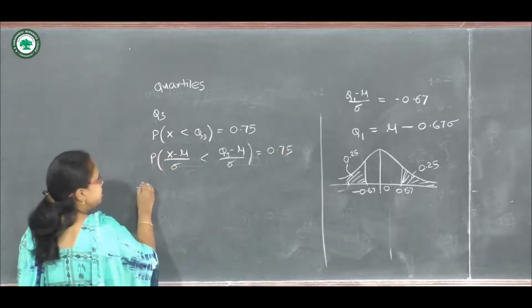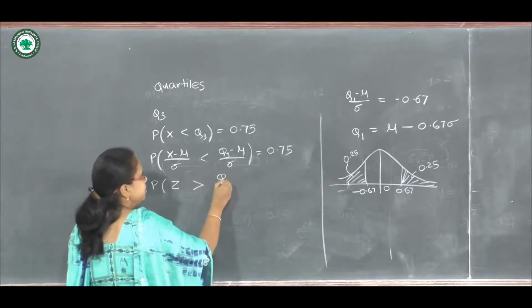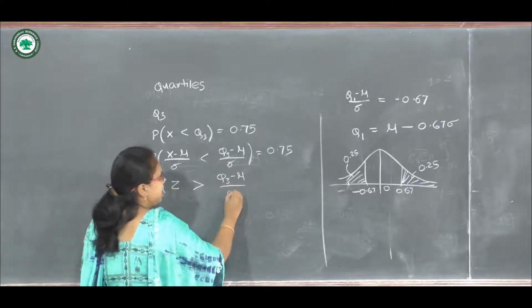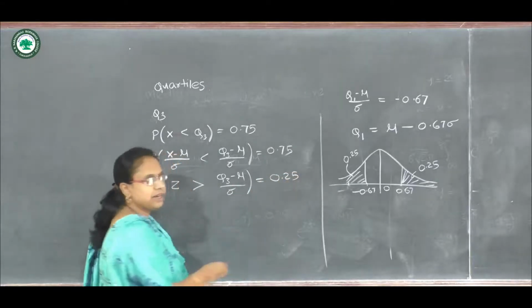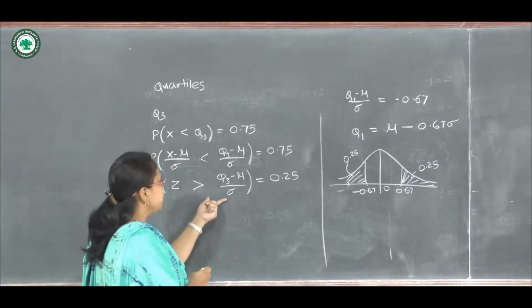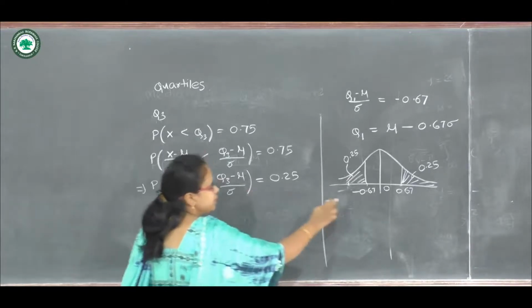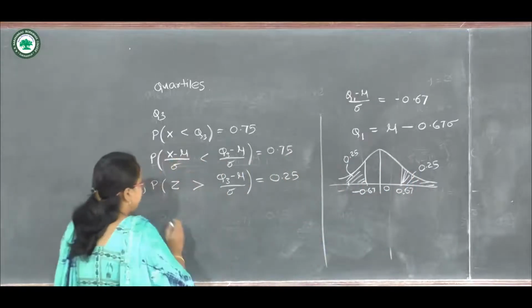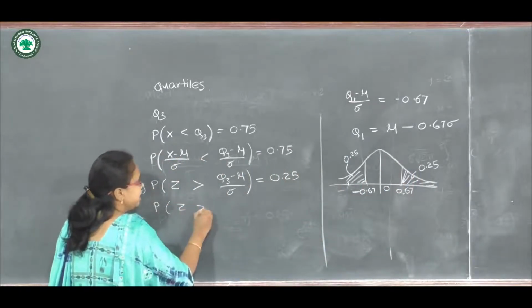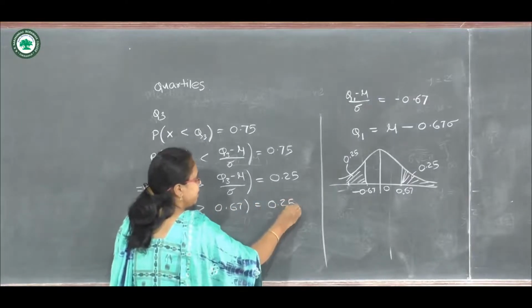For simplification, we can write this as greater than, and here the probability will get subtracted from 1. So now we know that the area before minus 0.67 is 0.25, so Z greater than 0.67 is 0.25.